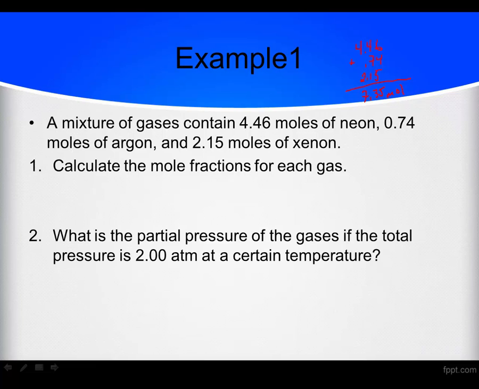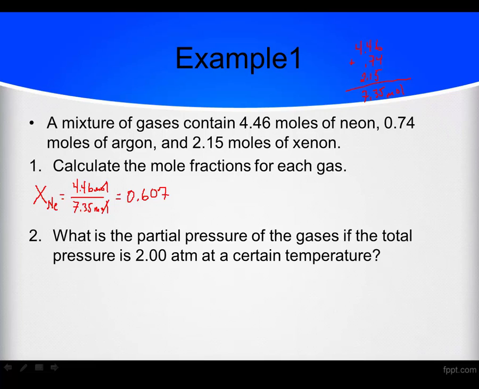So for the mole fraction of neon, Ne, 7.35 moles goes on the bottom, and according to the problem, 4.46 moles were present. Notice moles and moles cancel, which is why mole fractions are unitless. The calculator says 0.607, and I'm not going to have any units there.